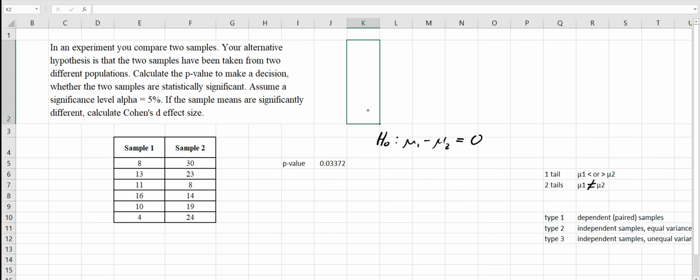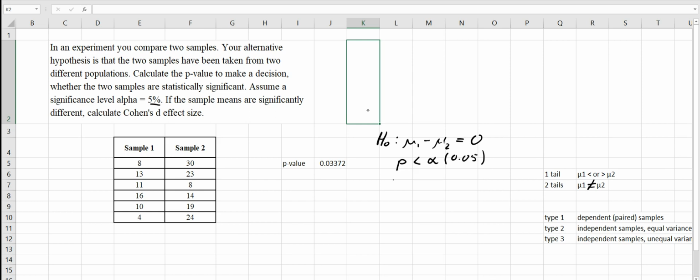That would be our null hypothesis. And if we find a p-value that is smaller than our significance value alpha, and in this case we set alpha to 5%, so here alpha is 5%, or we can write it as 0.05, that's the same as 5%.